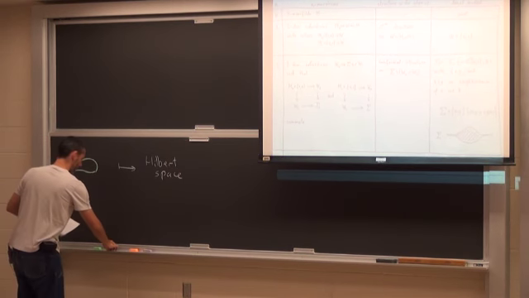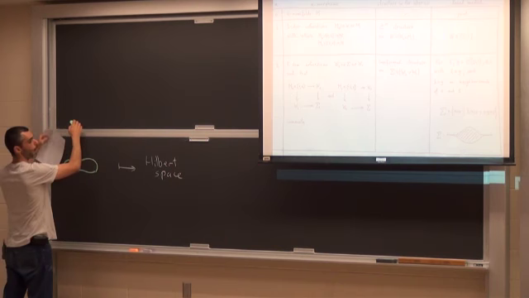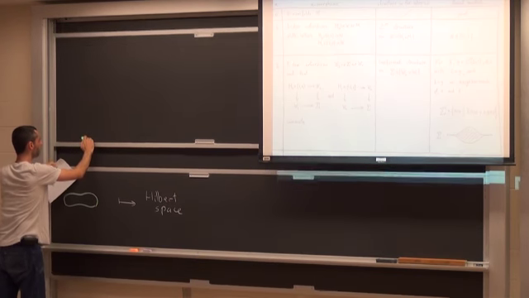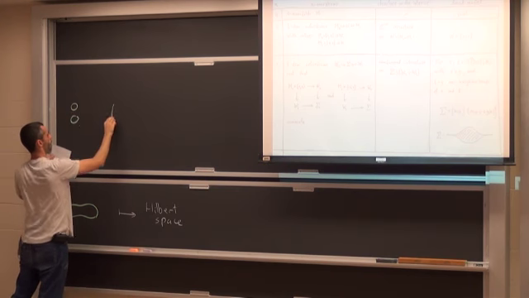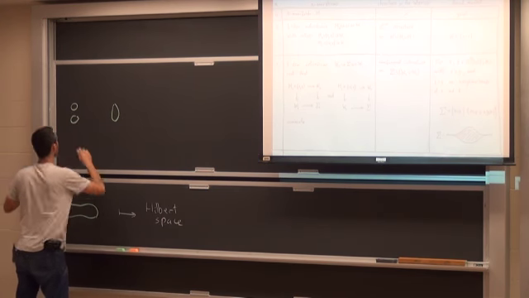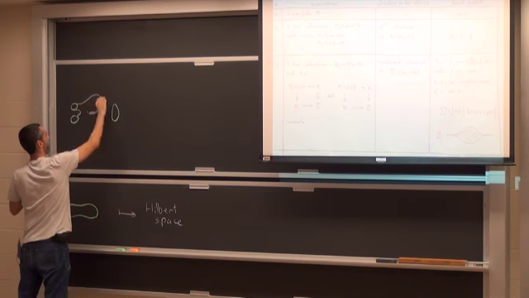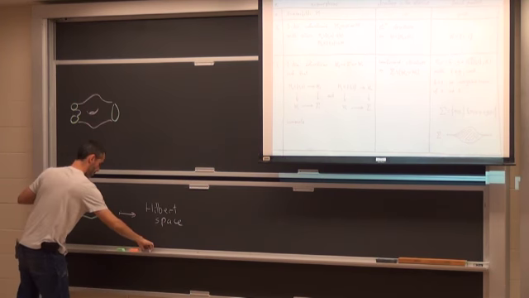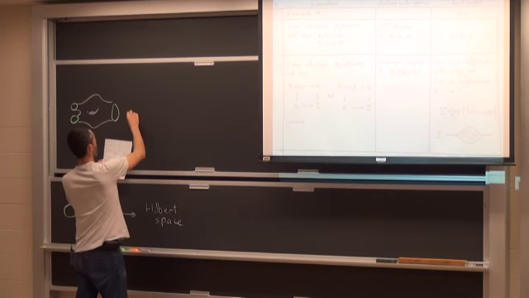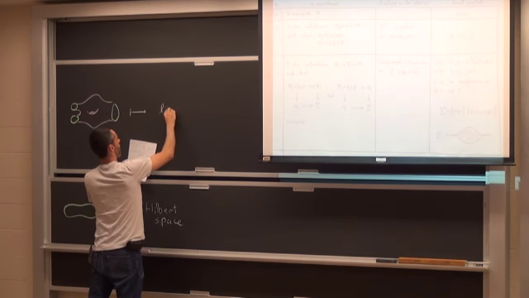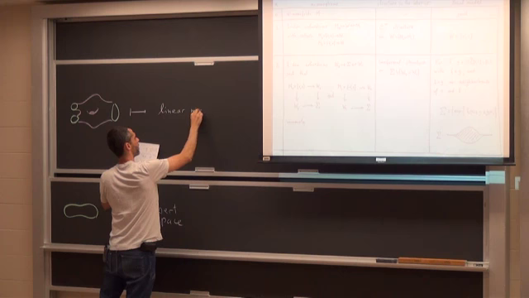And then if I have a cobordism as there, then we get a linear map.